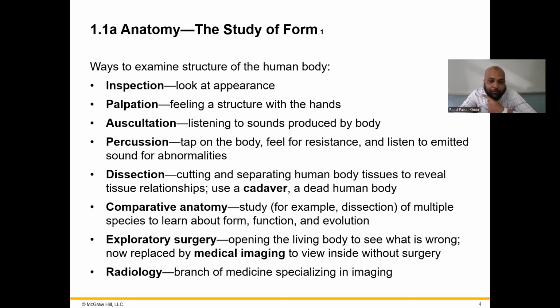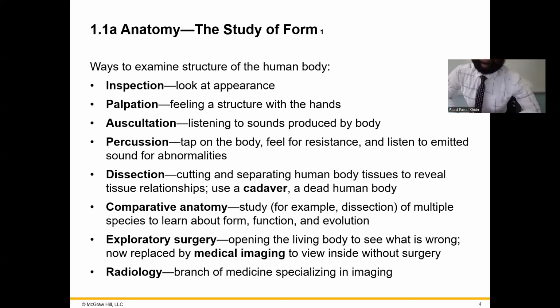Percussion is a form of examination also where we put our fingers on the body and then we feel the resistance and then we trigger a sensation and detect or listen to any emitted sound and abnormalities. This is not used anymore.